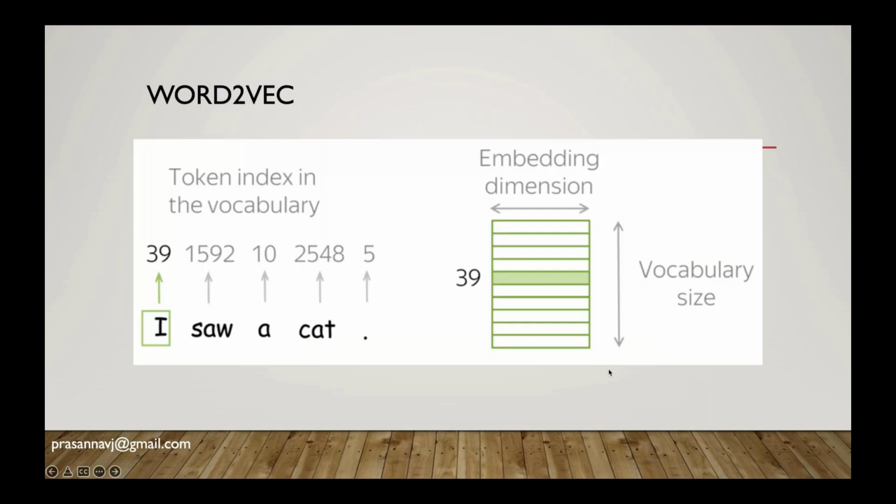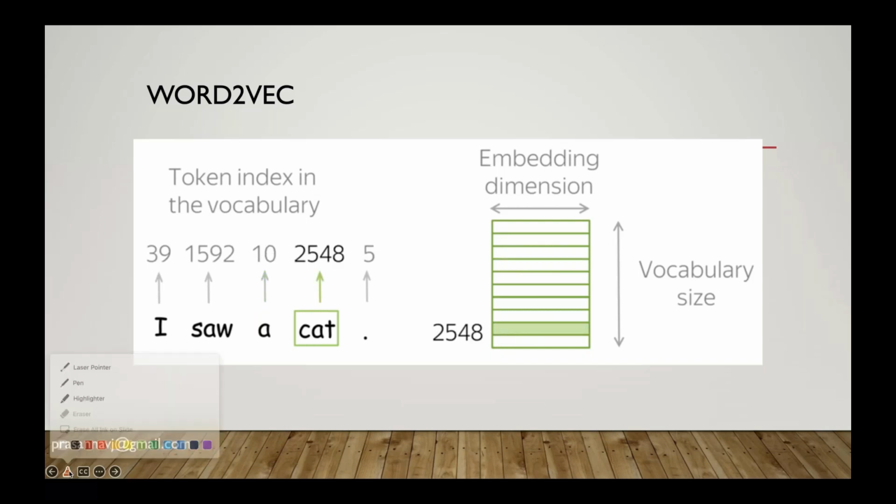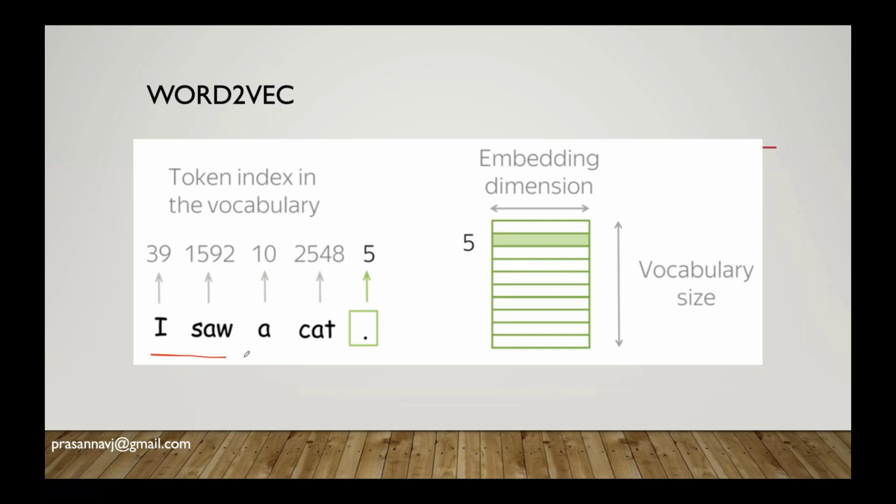Here is an animation that talks about how the embedding vector is getting created. Let me just use the pen. Let's say I have the sentence, I saw a cat. Even the full stop is available here. Each and every item in your text is important in a conversation.